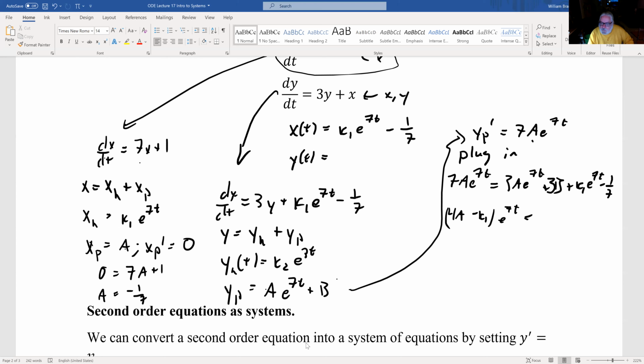Oh, 3b, because this entire guess gets multiplied by 3. Great. So the left-hand side depends on t. As t changes, the left-hand side changes, but the right-hand side is a constant. So the only way that can happen is if this is equal to 0.